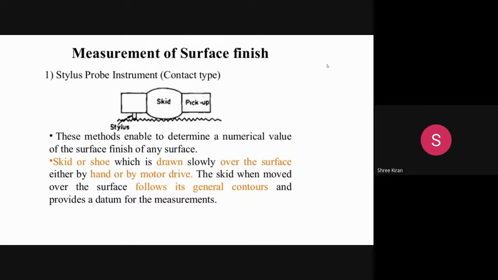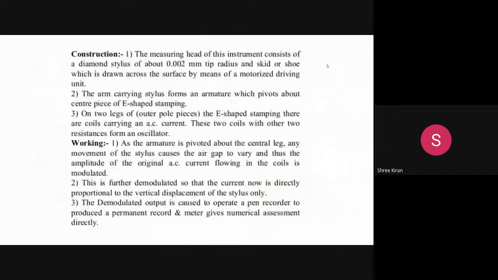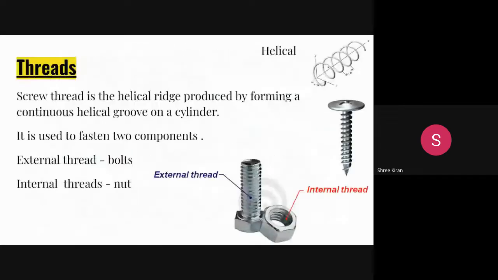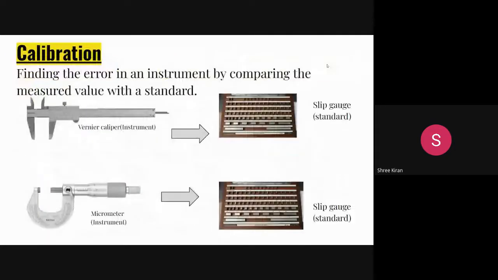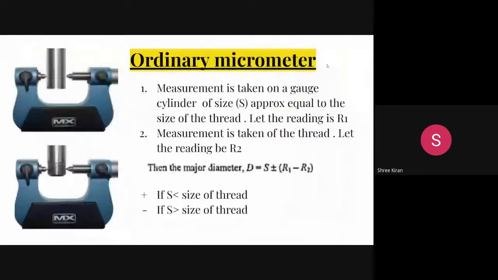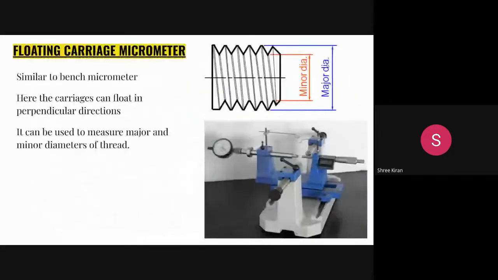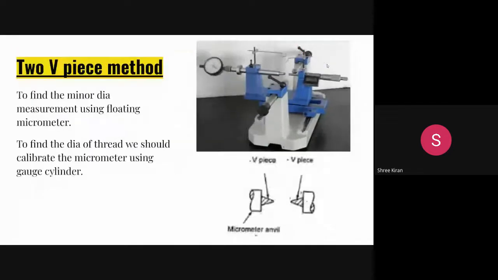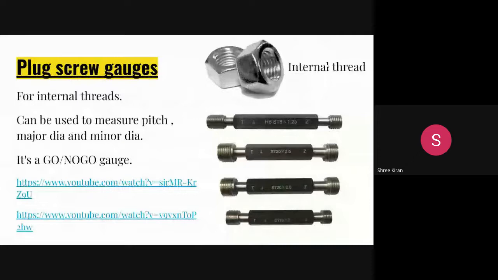Okay, so it was in the Taylor system. I'll show you where it was: in the Taylor system, the stylus. So this was all about threads, the bench diameter, and in the case of two-piece and screw pitch, because we were discussing the stylus.